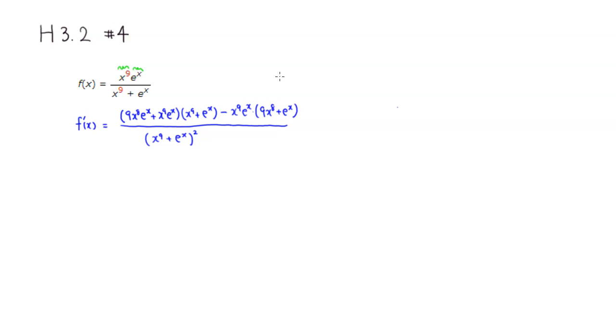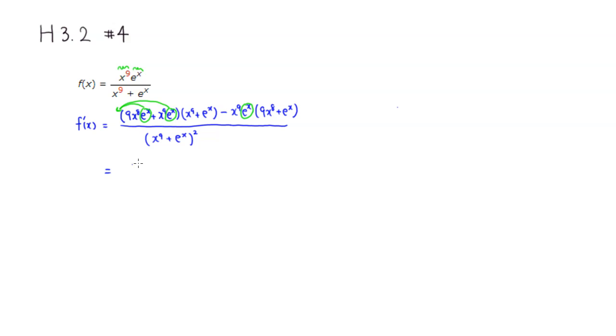But what I'm going to do is pull out common factors. Let's see if we can see a common factor here. We see that here you have e to the x and e to the x here. So we can pull out the e to the x from the first term, and then we have e to the x here in the second term as well.